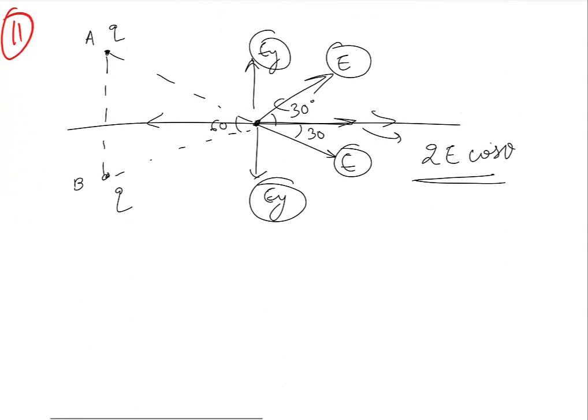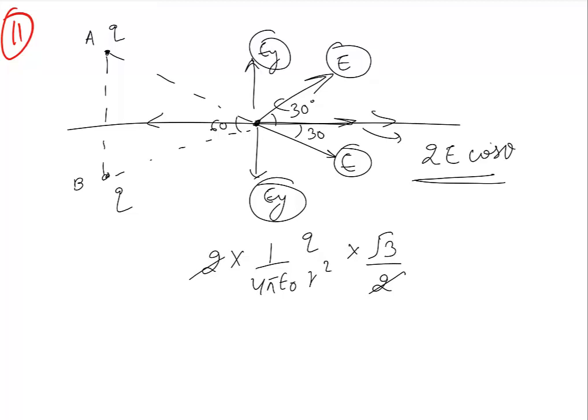So what is the net electric field at C? It is 2 into E, that is nothing but 1 by 4 pi epsilon naught into R square into Q into cos of 30 degree, root 3 over 2, 2 gets cancelled and you get root 3 Q over 4 pi epsilon naught R square.